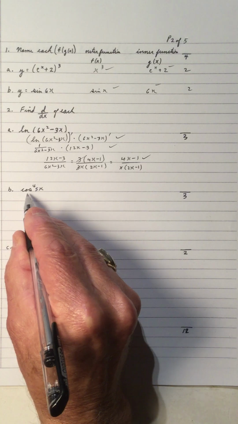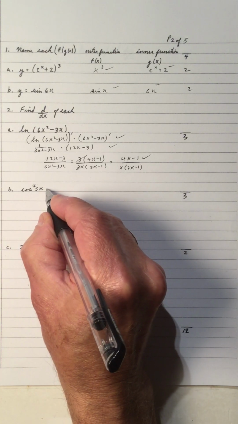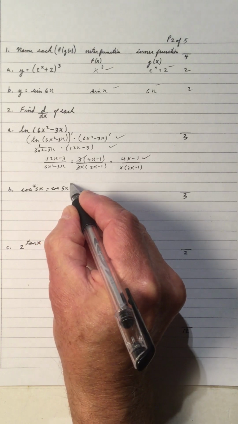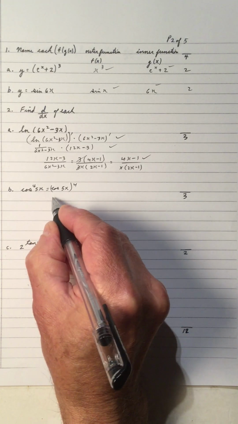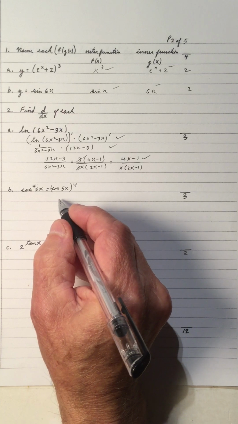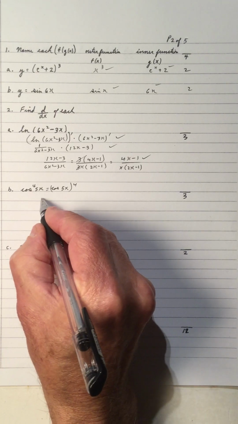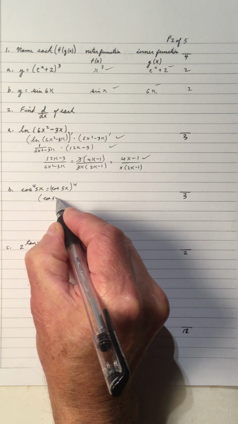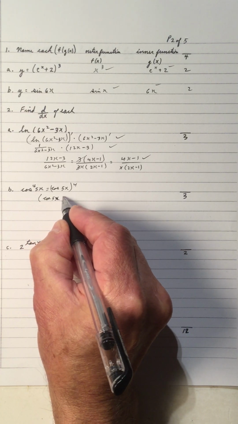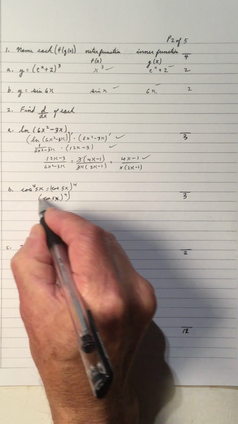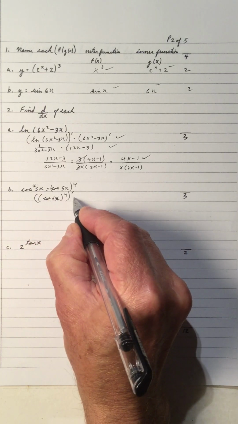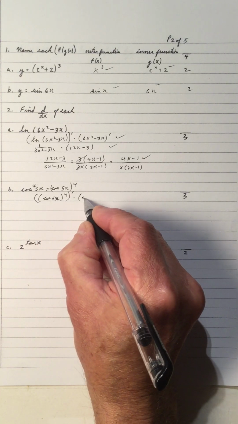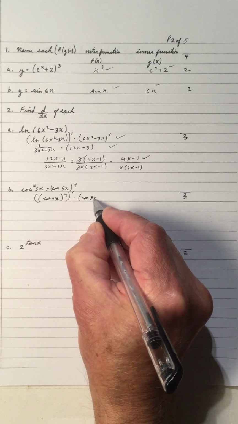And we do the cos. Notice this is a power. If you think about it, that's cos of 5x to the 4th power, so there's a power rule here. The derivative of the whole function is cos of 5x to the 4th, times the derivative of the inner, which is cos of 5x.